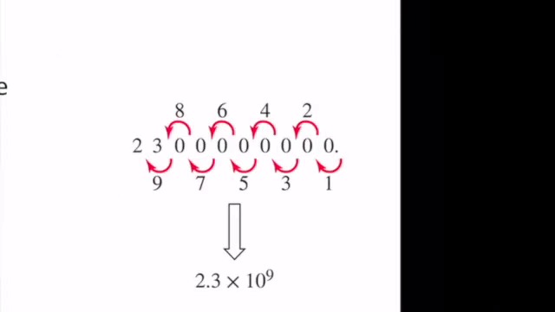Okay, and so when you have a very large number like this number, 2,300,000,000, you want to turn this standard number into scientific notation. The ones place is right next to the decimal.